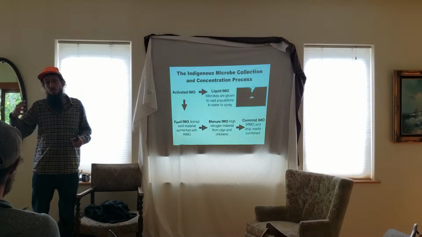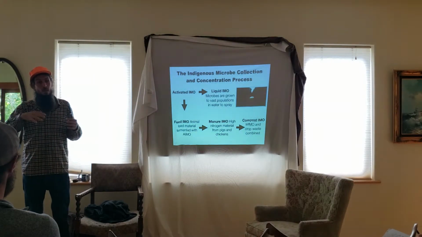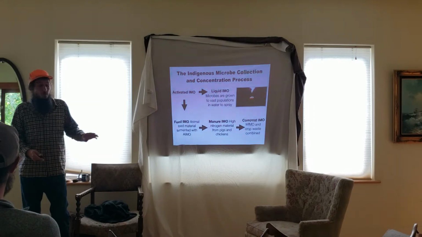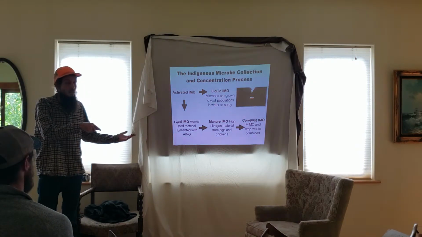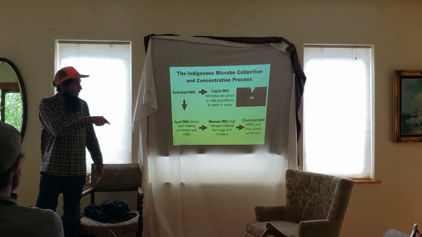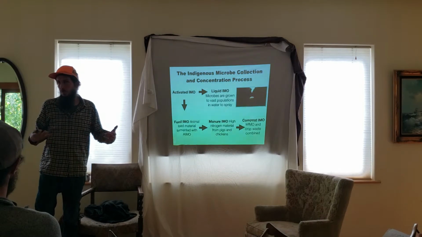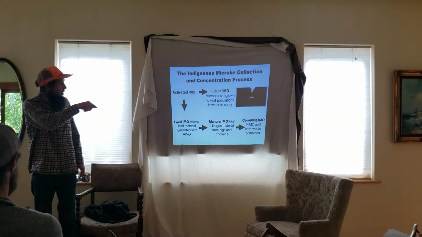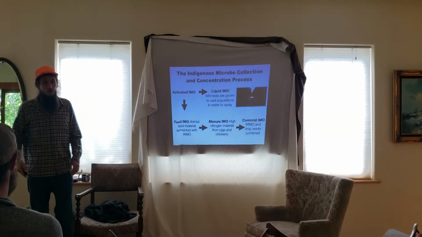As they're breaking down the compost for nutrition, you're also getting microbes tuned to your area. So it's a way of augmenting your compost with indigenous biology. A lot of people take soil and mix it into their compost or some other way to get biology in there, but this way brings the activated IMO into your compost.